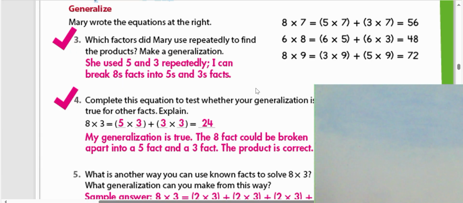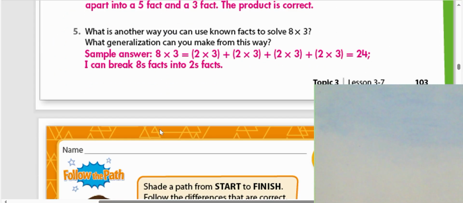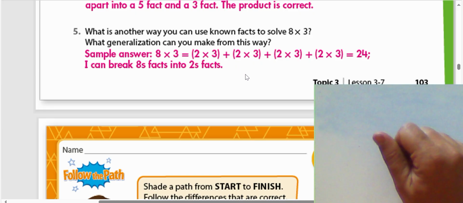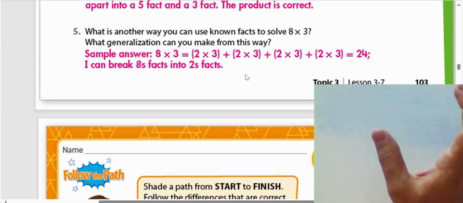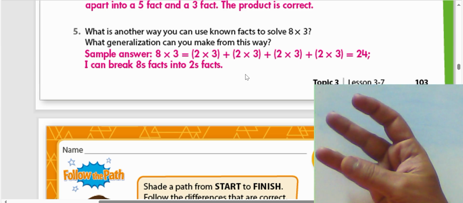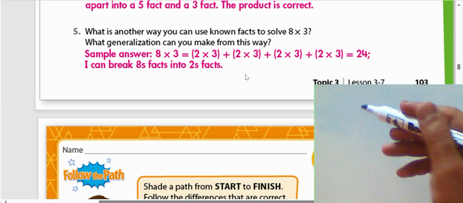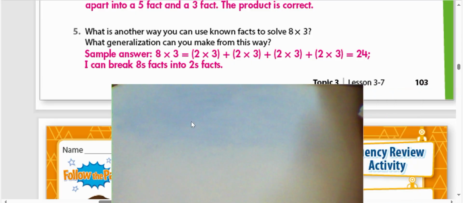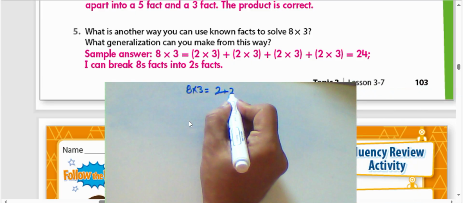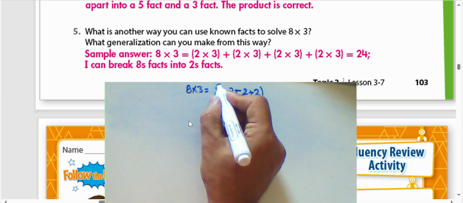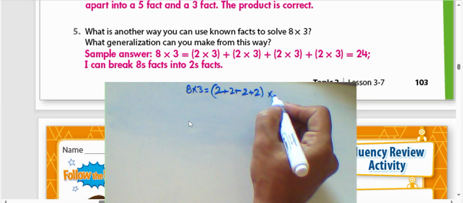Okay, the product is correct because 3 times 8 equals 24. Next question: we can use this method by writing 8 as more factors. Divide 8 as 2 plus 2 plus 2 plus 2 and use the distributive property like this. 8 times 3, we can write 2 plus 2 plus 2 plus 2, 1, 2, 3, 4 times 3.